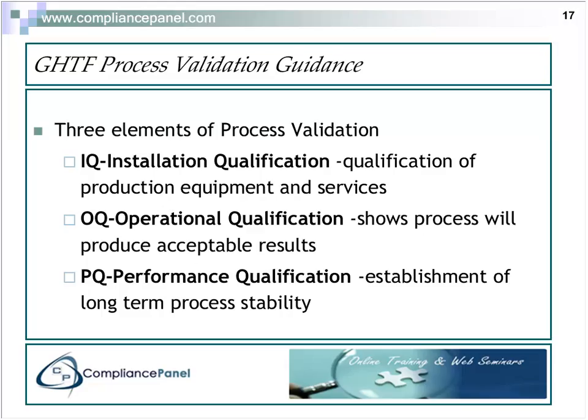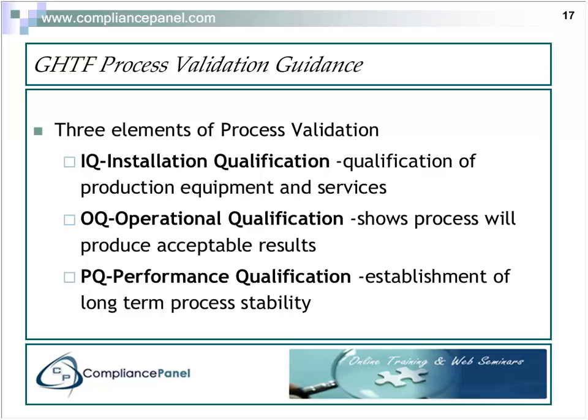The next phase is operational qualification, and the idea there is to show that the process will produce acceptable results, and this usually is a short-term operation. This might take a week or something like that to operate and show that, yes, we can in fact produce the product that meets those design requirements, the drawings, the material specifications, the functional specs, and so on.